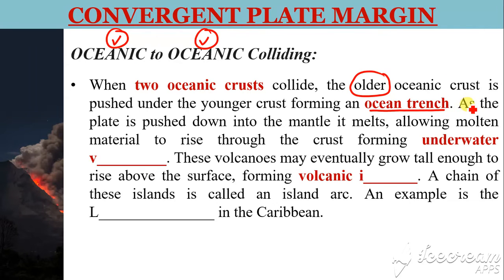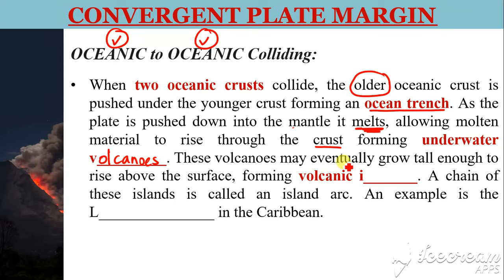So as the older plate is pushed down into the mantle, of course, it's going to start to melt, allowing molten material now to rise through the younger crust, forming underwater volcanoes.